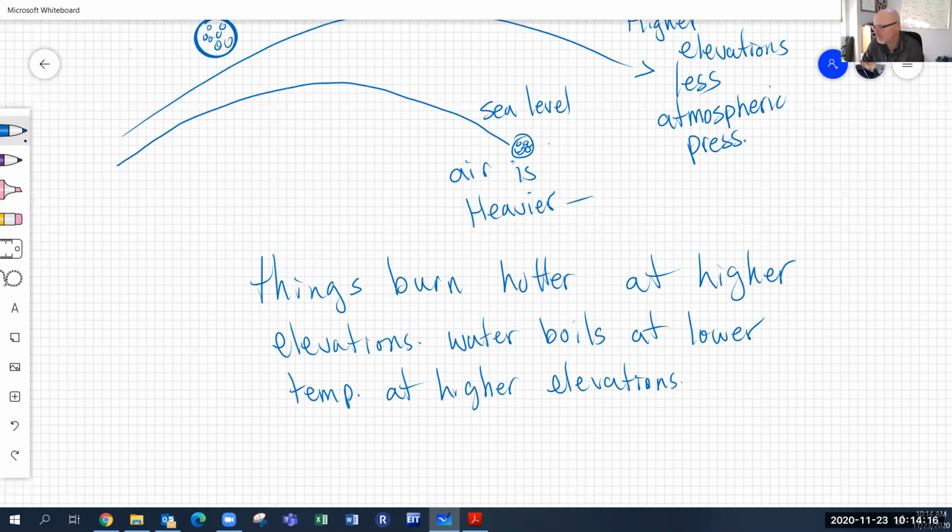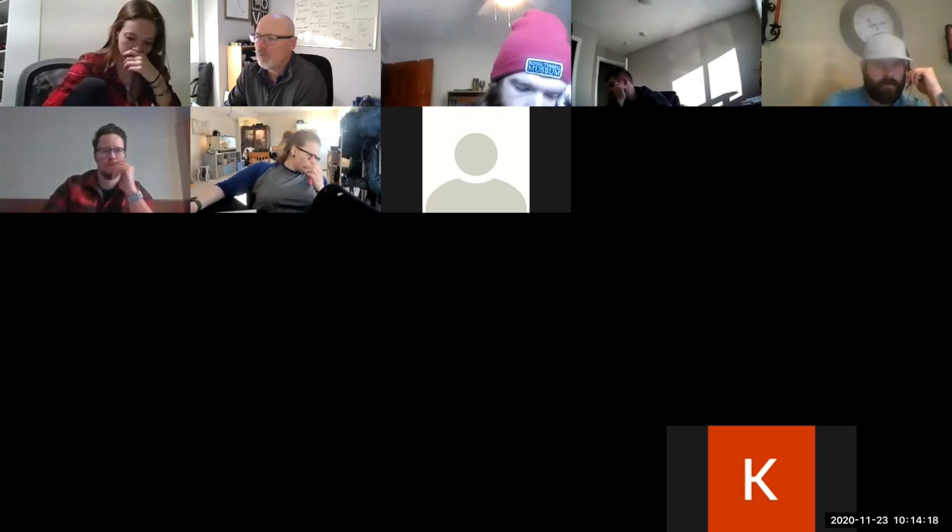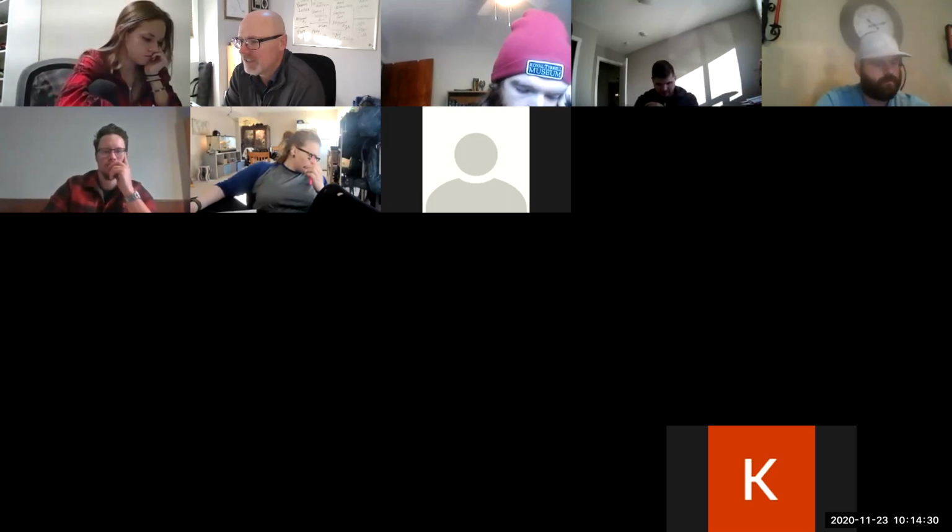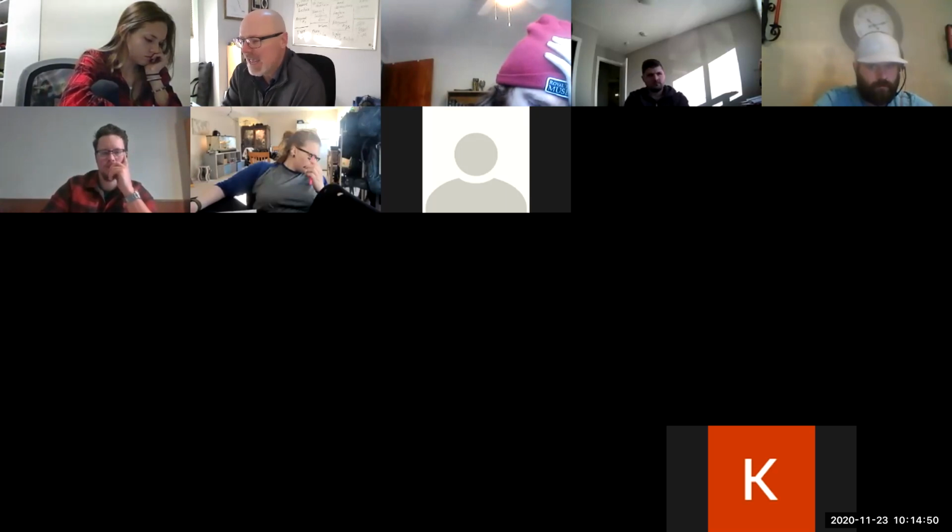I was told at some point that water boils at the base camp at Mount Everest at 70 degrees Celsius. So you don't have to go all the way to 100 degrees Celsius to get water to boil. They're pretty high up in elevation. I can't tell you what the elevation was, but they said that water boils at 70 degrees Celsius. Pretty crazy how this pressure acts on us. We're going to expand a little bit more on that next math class.